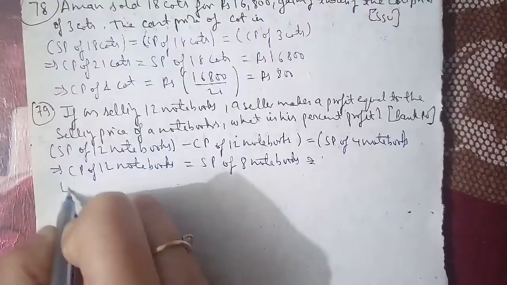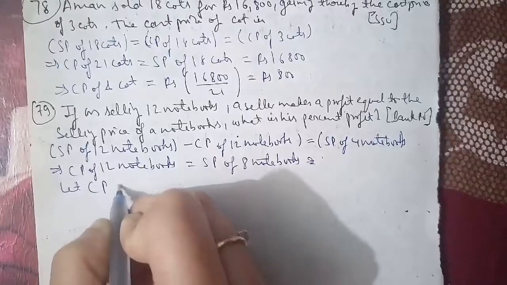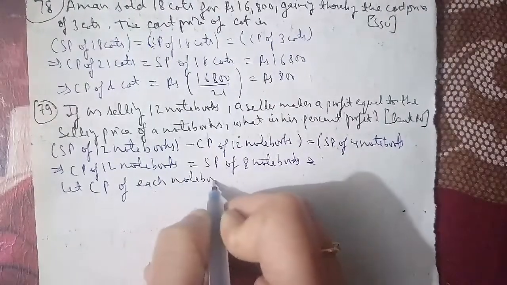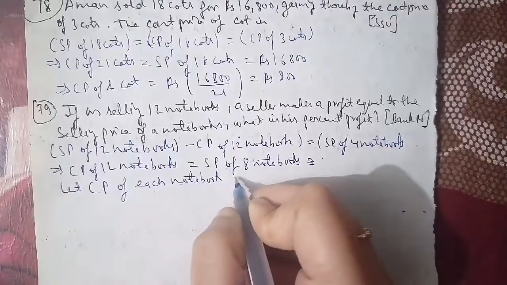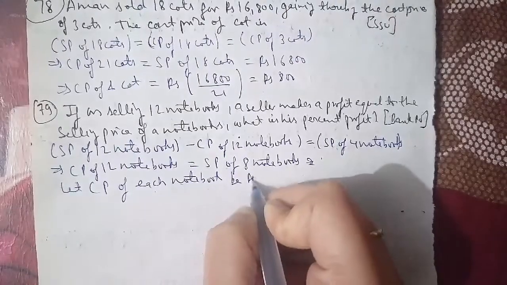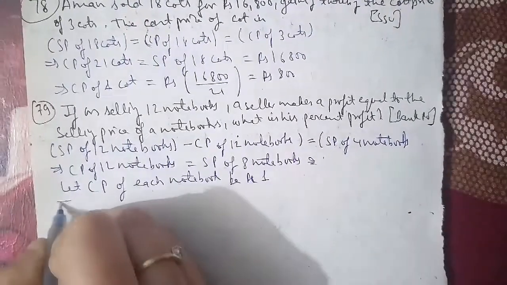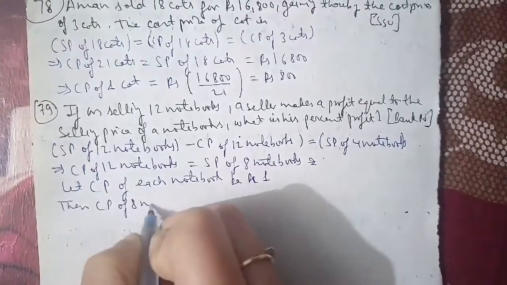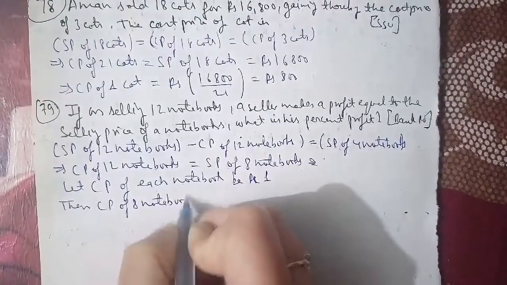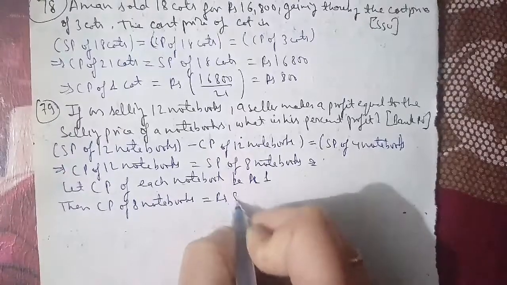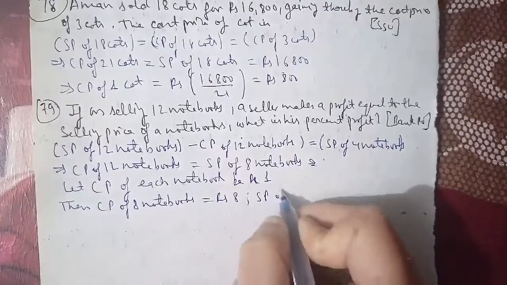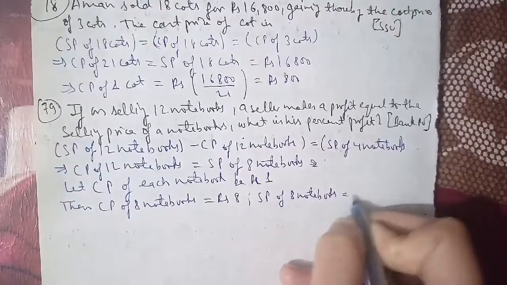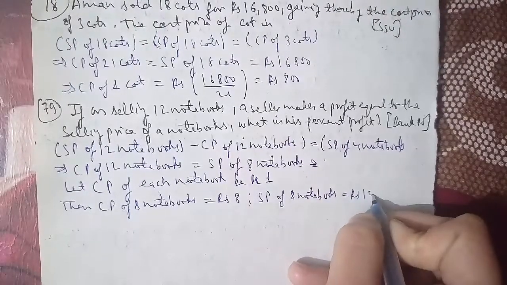So let the cost price of each notebook be rupees 1. Then CP of 8 notebooks equals rupees 8, and SP of 8 notebooks equals rupees 12.